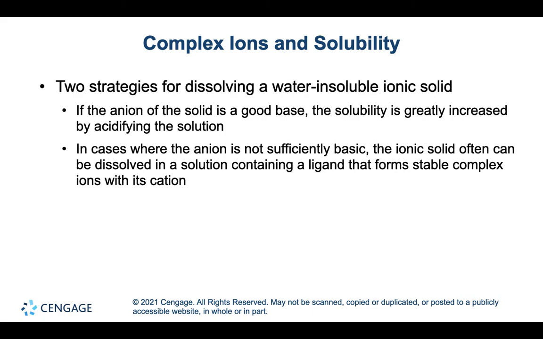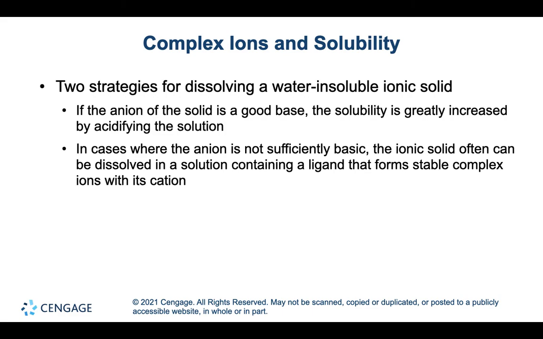But in cases where the anion is not basic, what you can do is you can actually add ligands that will form a stable complex ion with the cation. And that will remove the cation from the right side of the equation, shifting the equilibrium to the right and making it more soluble. So, 2 ways to get something that's normally water insoluble to dissolve.